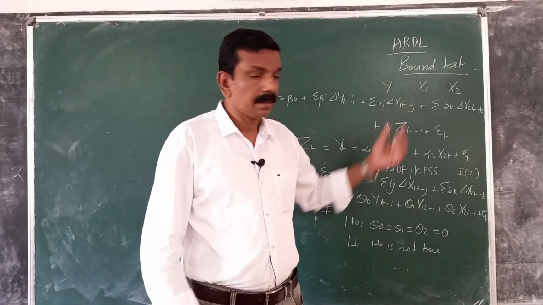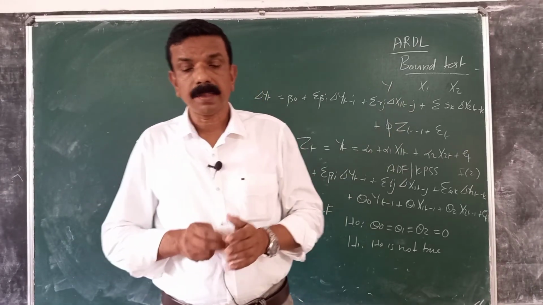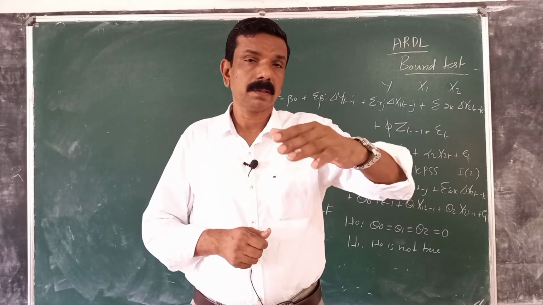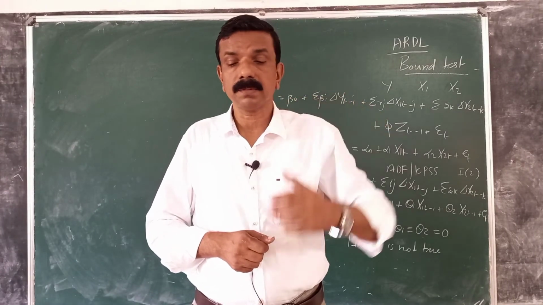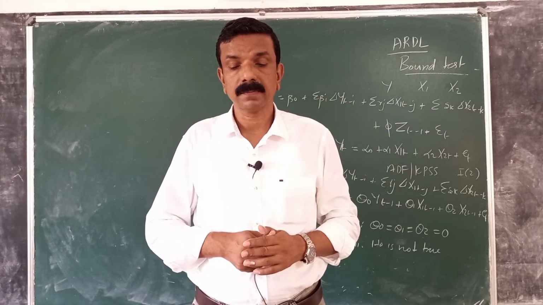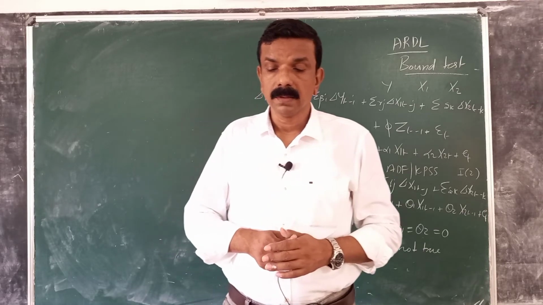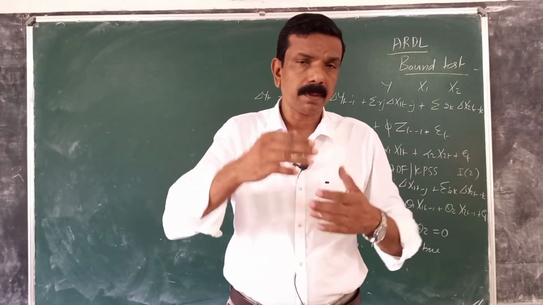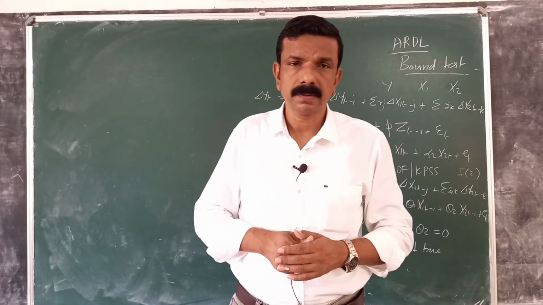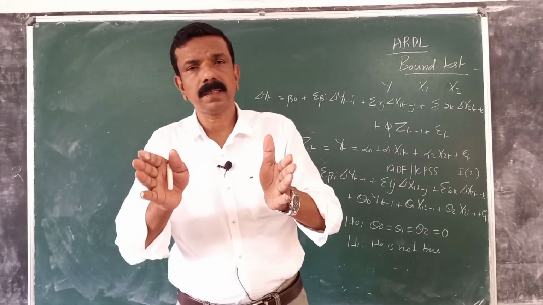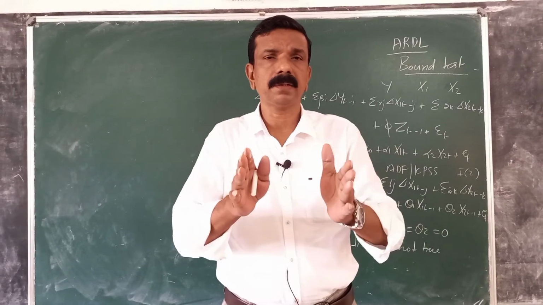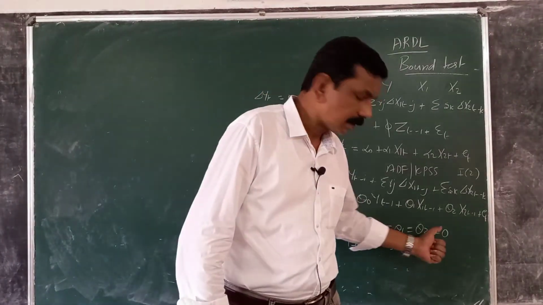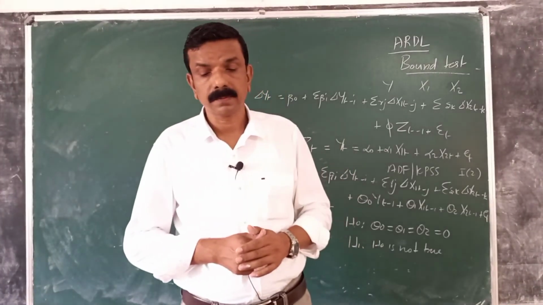Now, Pesaran et al. supply bounds on critical values for the asymptotic distribution of F statistics, and they give a lower bound and an upper bound for critical values, and a decision regarding co-integration is based on the lower and upper bounds to test this hypothesis.